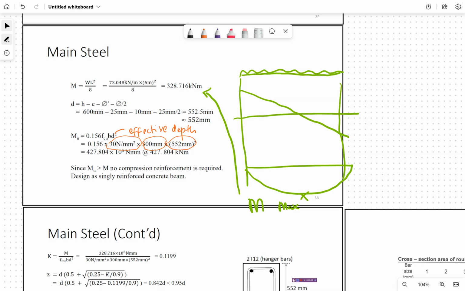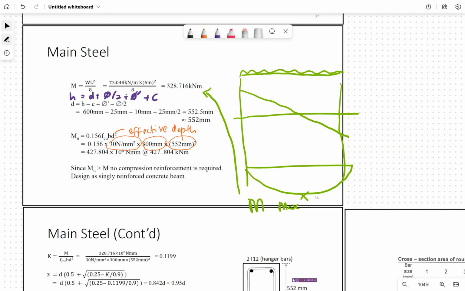Okay, so D equal to H minus C. So sama je lah, minus concrete cover, minus diameter prime, minus diameter divide with 2. So asalnya adalah daripada H, D plus diameter bagi 2 plus diameter prime plus dengan C. Okay, dan kita dapatkan D dan H tu kena tolak yang lain-lain lah. And that's what we do.